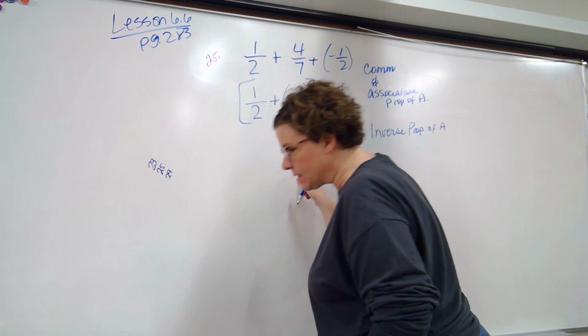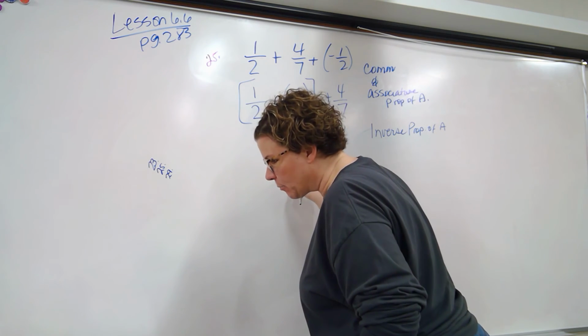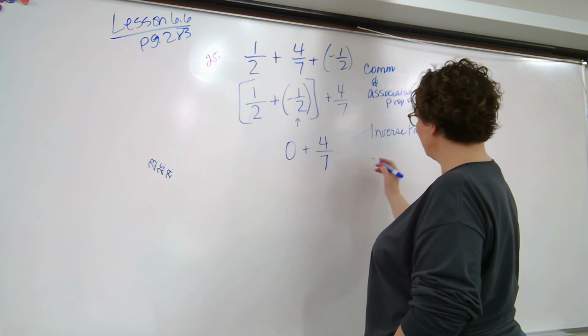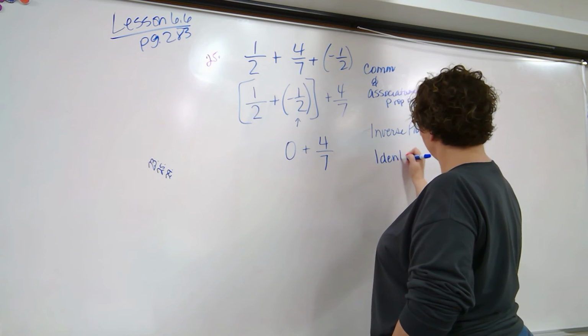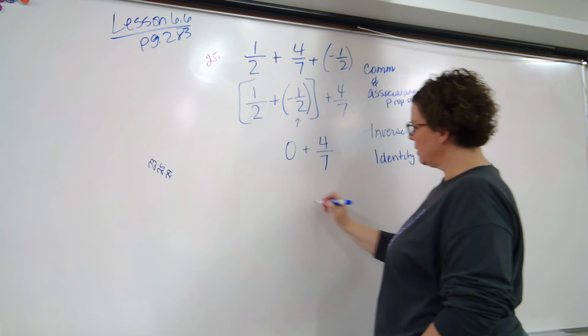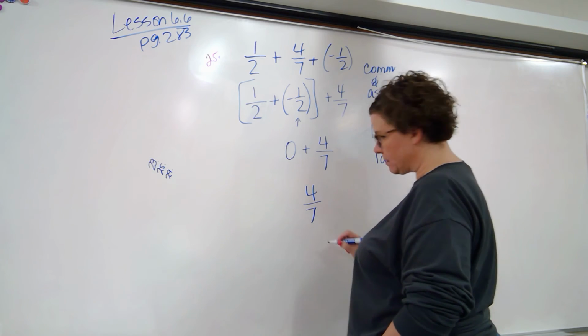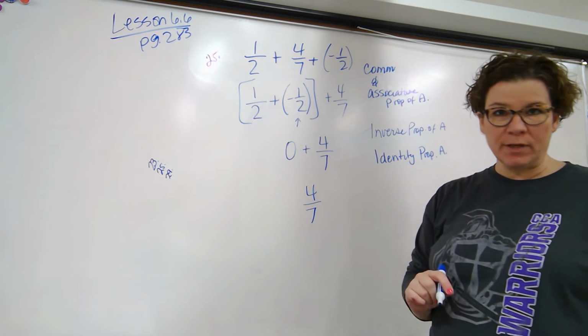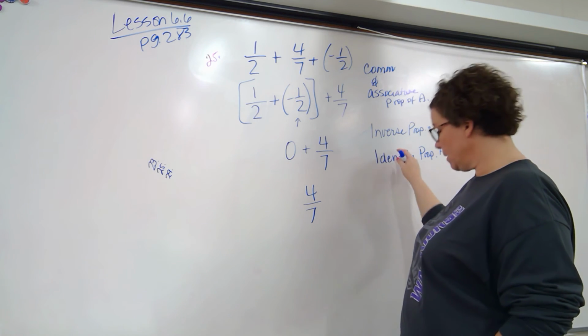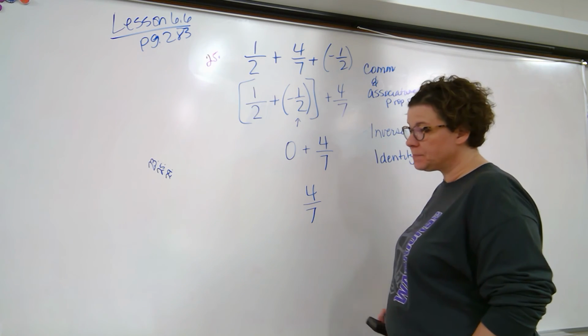And then this is the identity property. When I add a number to 0, I get that number. This is the identity of addition, and my answer is 4/7. Hopefully that's what you guys got. Hopefully you went through the justifications as well.